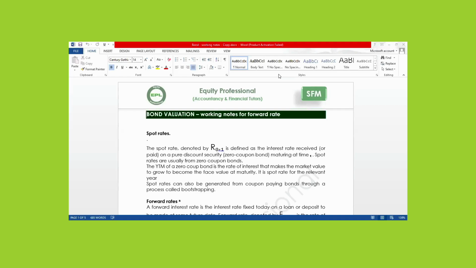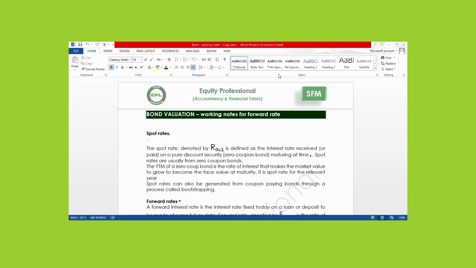This government or corporate bond may be a redeemable bond, a bond with a specific maturity period. You may be required to value a convertible bond, a bond that can be converted to equity, or an irredeemable bond, a bond without a specific maturity period.